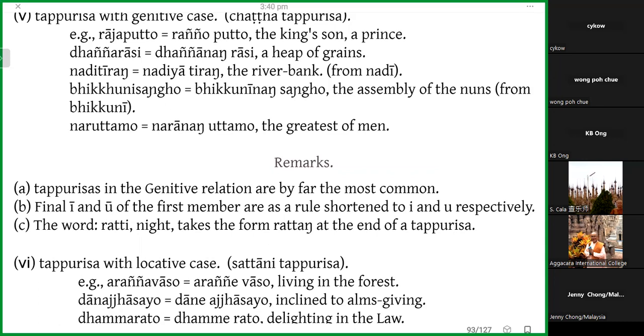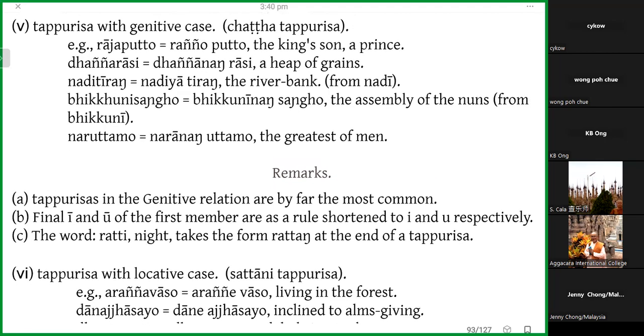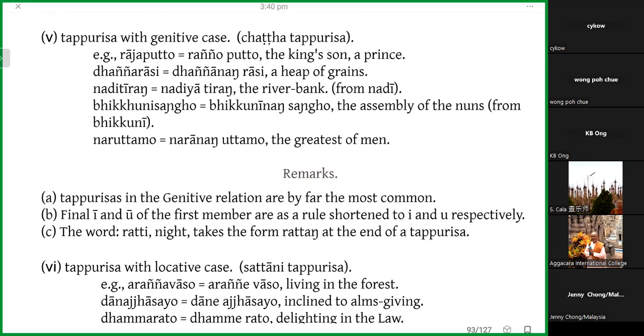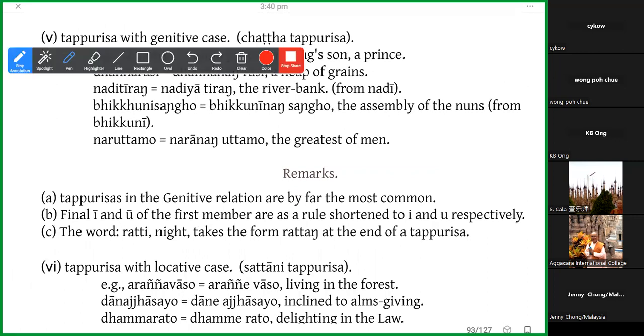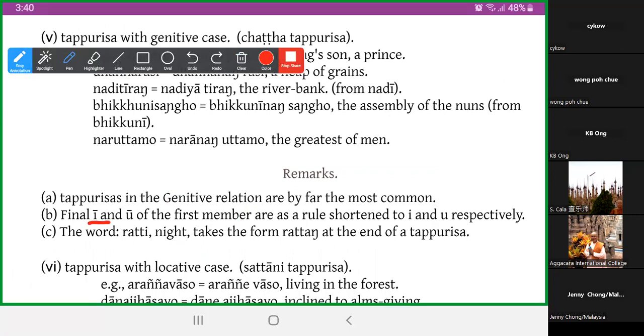The word rati, night, takes the form ratam at the end of a Tappurisa. So it's talking about E and U here, all right? I think he's talking about E, this one, Bhikkhuni, maybe. Rati is an example. Rata is not shown here.